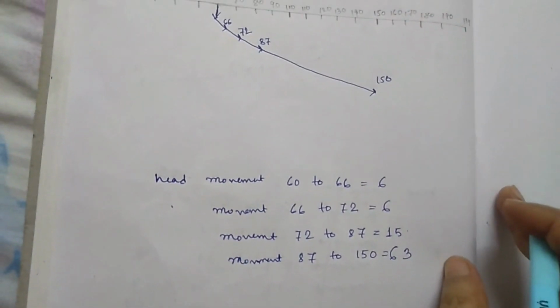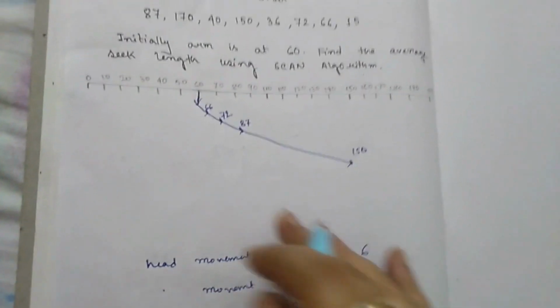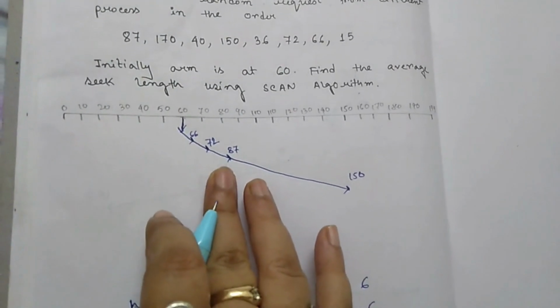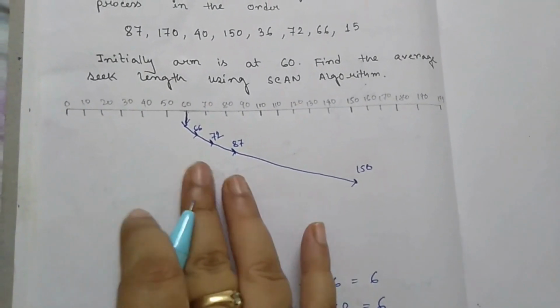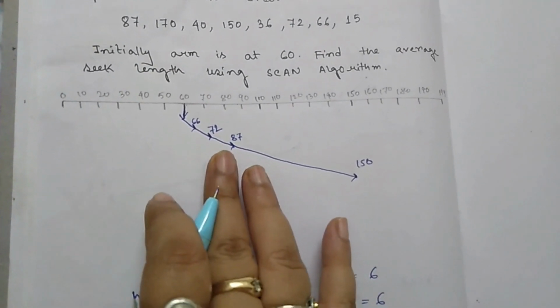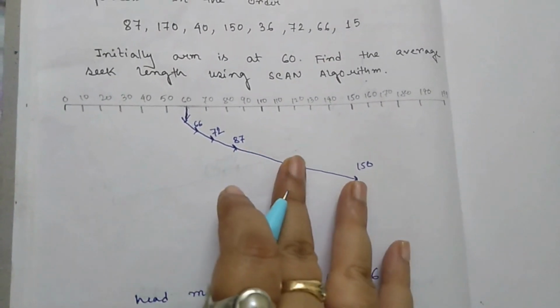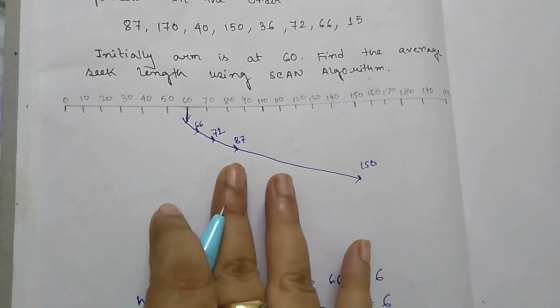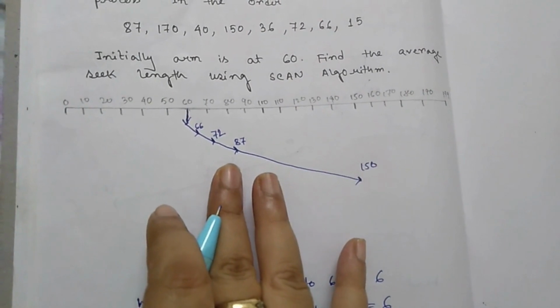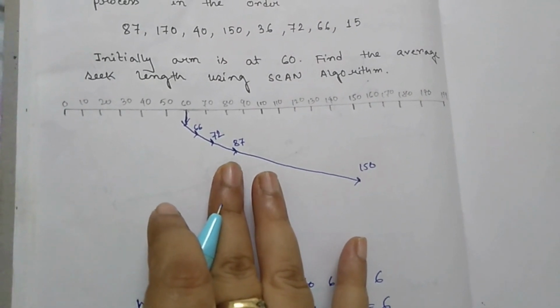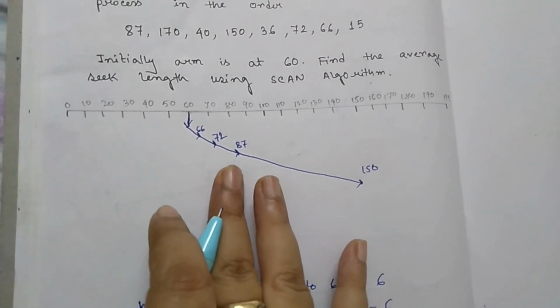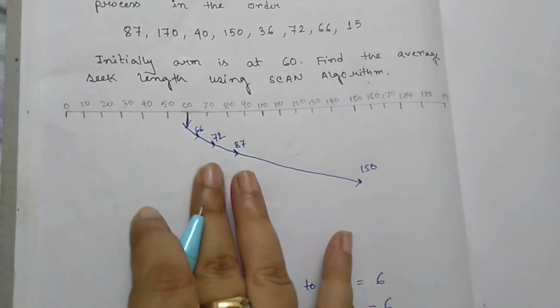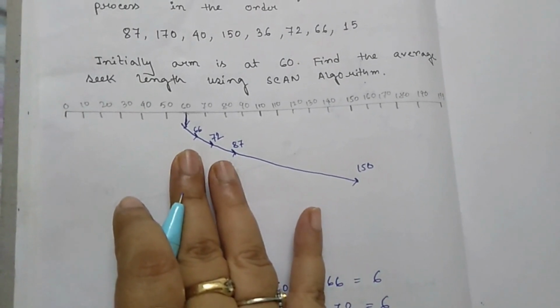Now the question that comes to mind is, the nearest value of 87 is 40, but here we consider the nearest value of 87 as 150, because according to the SCAN algorithm we have to consider only one direction, that is step 2. At first, in step 1, we consider the nearest value of the head.